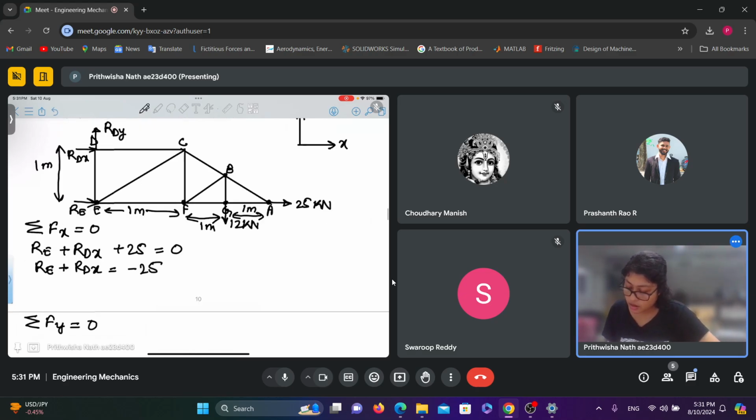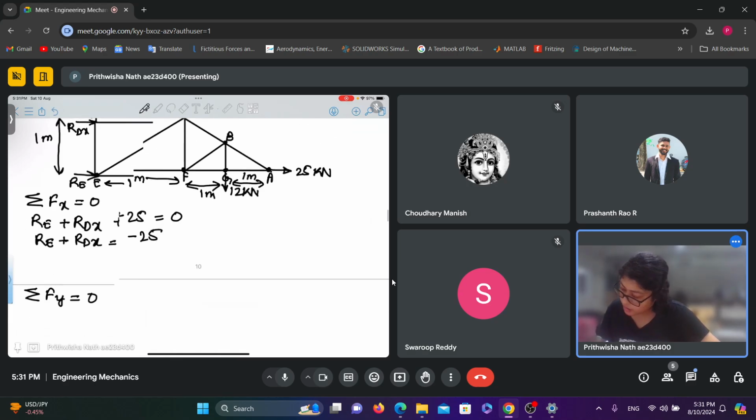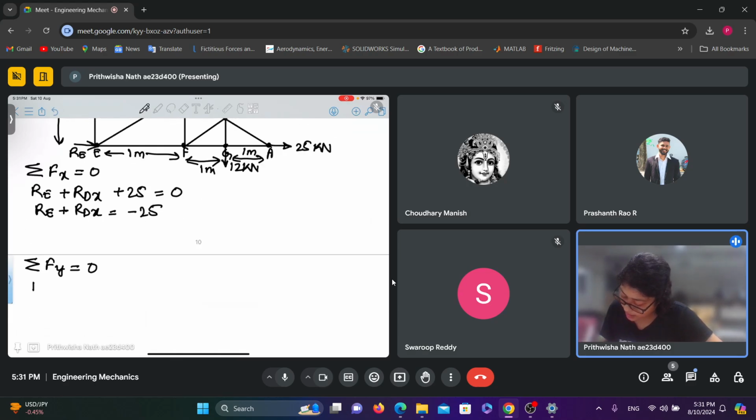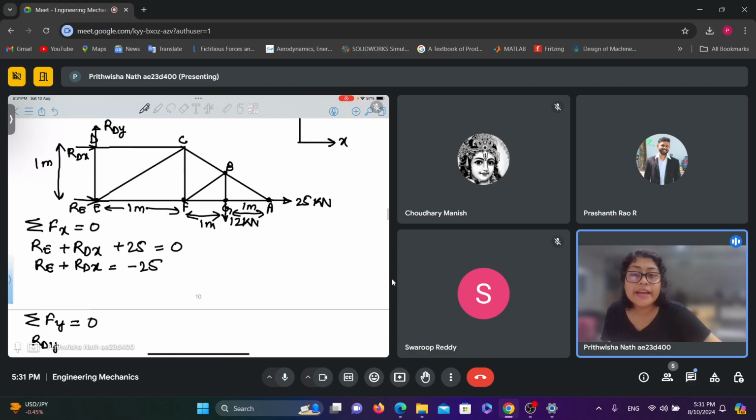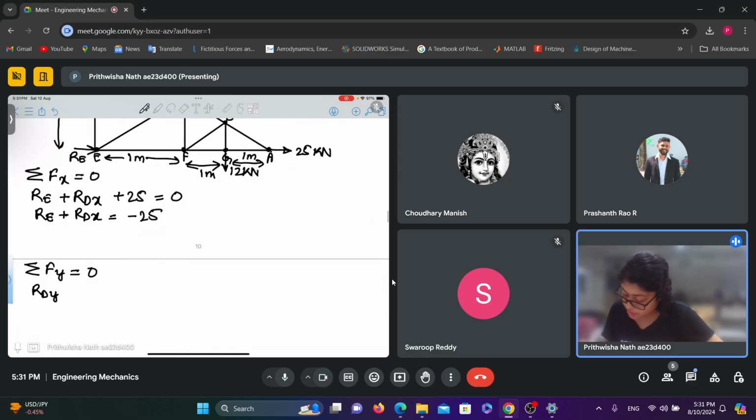In Fy equals 0, I can write RDY, and 12 is acting along the minus y direction, right? So I put minus 12 equals 0. So from here RDY is 12.